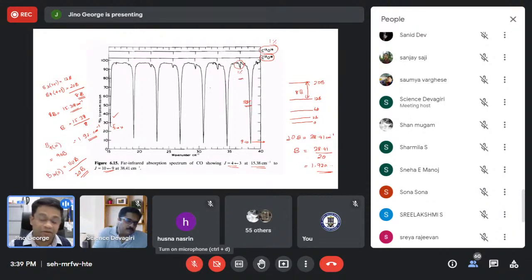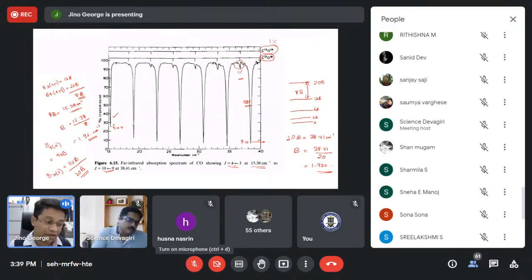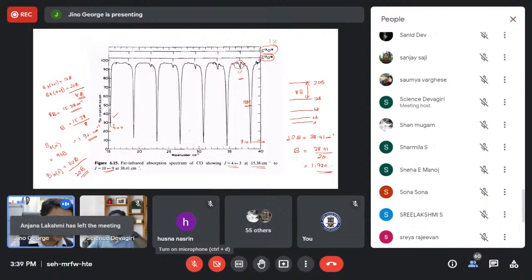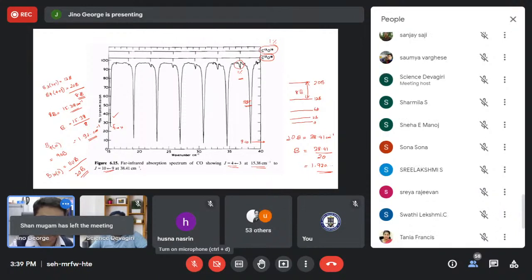This is how we understand very clearly from the rotation spectra of carbon monoxide that the presence of the isotope can really be picked up. This experiment was done in 1950, almost 71 years ago, and people still use it as a method for calculating and understanding molecular structure.